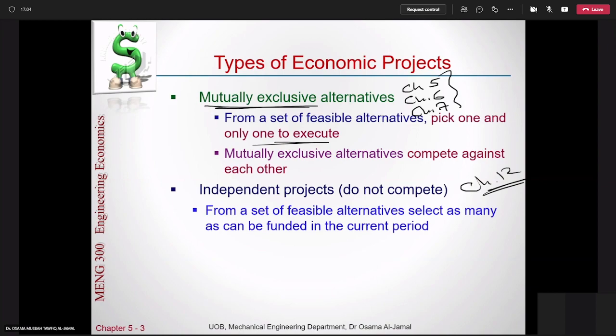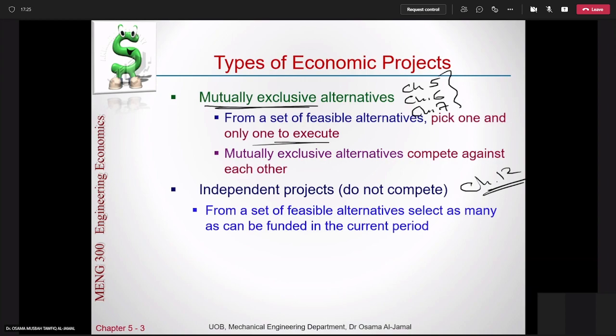So, for example, you want to buy clothes, say shoes, suit, jacket, all that. They are not competing with each other. Each one of them is a feasible alternative for you.